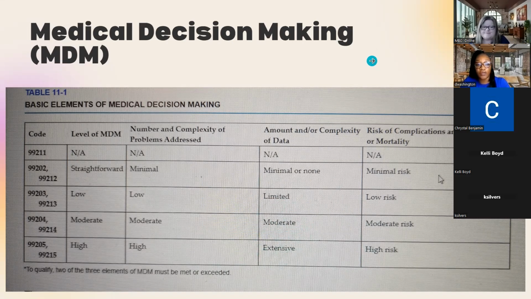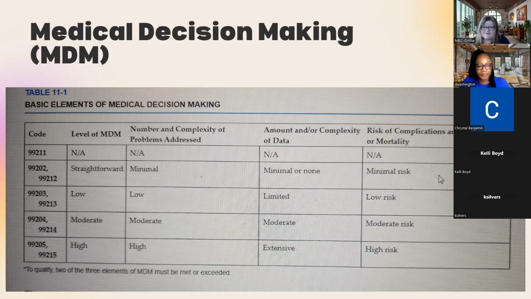And your level of MDM, just like Miss Brandy said, goes 2, 3, 4, and 5 on established. So the number goes up as the complexities become higher and higher. Just something to know: when your book tells you new patient, you're going to go into your new patient codes.